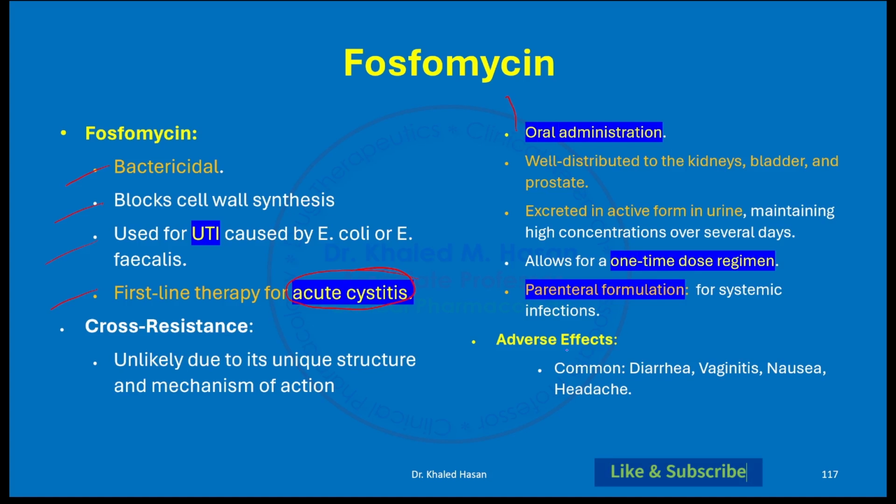We have oral, we have injectable. This medication is well distributed to the kidney, bladder, and prostate. For this reason, we use it for patients suffering from acute cystitis. When patients suffer from bacterial cystitis, fosfomycin is the drug of choice, because fosfomycin is distributed with a high concentration in the kidney, bladder, and prostate.